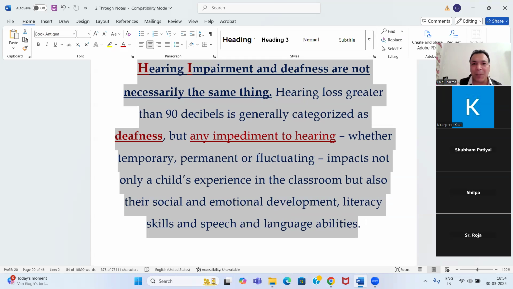Due to the inability of the teacher, the student has problems of social and emotional development. He is not developing the skills, the speech, the language ability, because you couldn't identify the student having the hearing loss, the visual impairment, the hearing impairment.